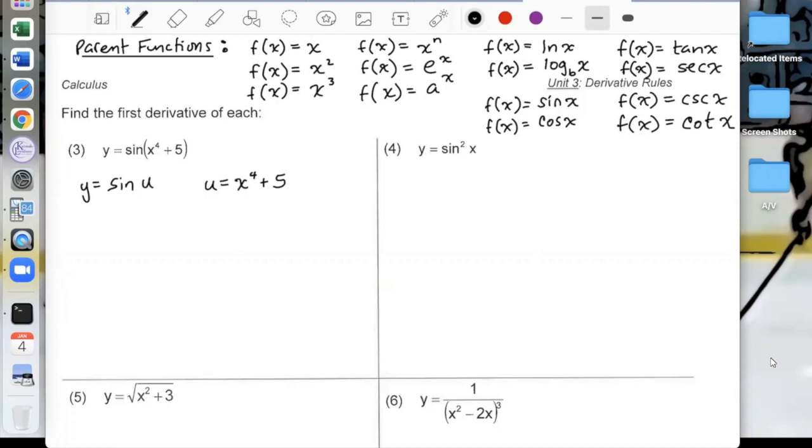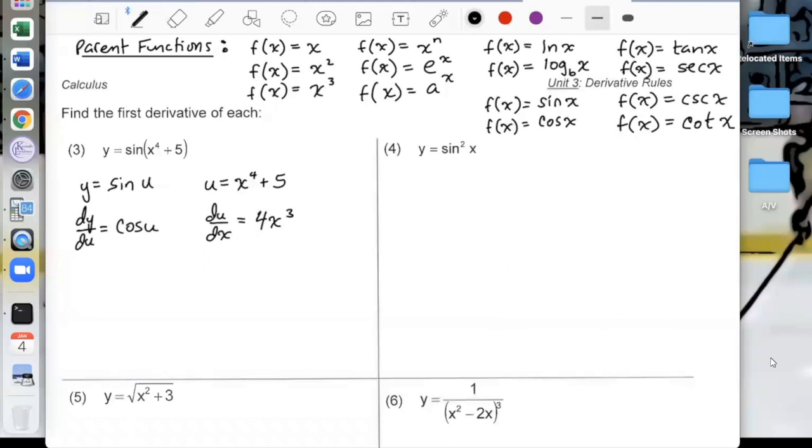And I also know by the chain rule, I can differentiate each part with respect to the relevant variable. Derivative of sine of u is cosine of u. Second part is just basic power rule, right? 4x cubed. All right.